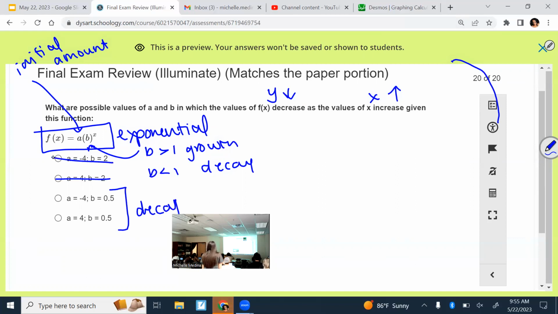I think this review put this as the right answer, but really it shouldn't matter what your initial amount is. I think because it's negative, maybe they were thinking that. I don't know, but it should be the bottom one. In my opinion, it doesn't matter what your initial value is. It'll still be decay if it's that.